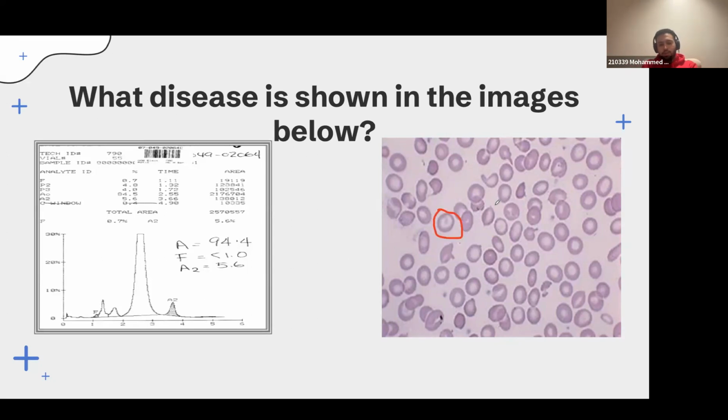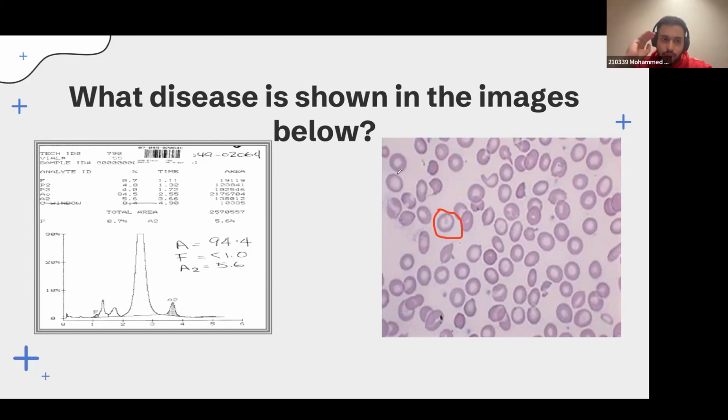Target cell. Perfect. Good. So target cells are seen in many diseases. One of the important ones that we need to look into is beta thalassemia. It doesn't matter if it's major or minor, you'll see it in both. Now, can you tell me, RDW, will it be high or low? Low. Perfect.